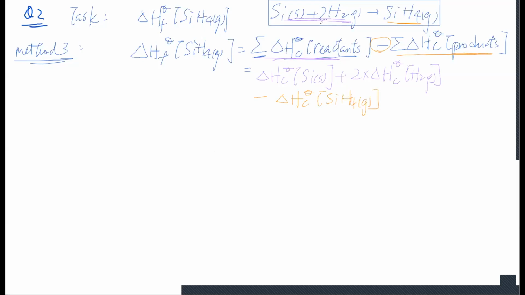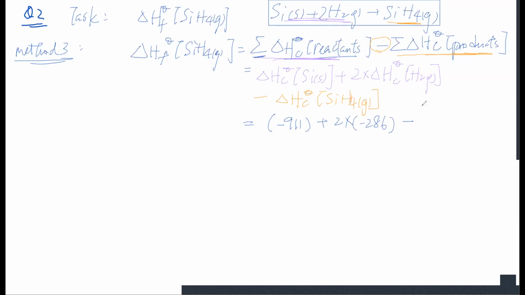So the question seems easier, right? Which is equal to what? Equal to this one: minus 911 plus 2 times minus 286 for hydrogen combustion, minus this one, SiH4.